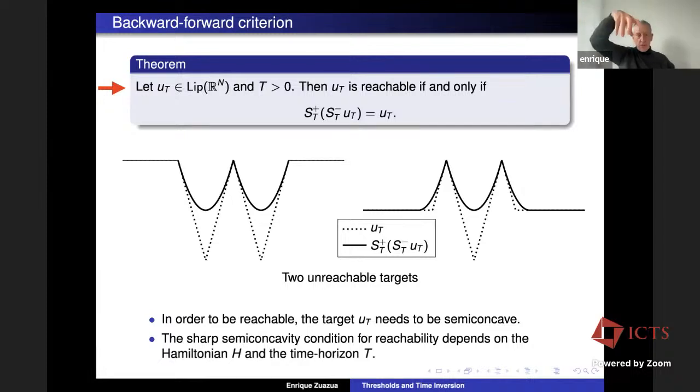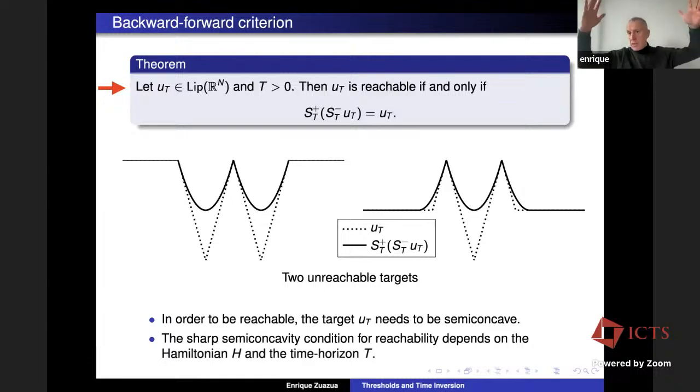Concatenating the backward viscosity semigroup with the forward viscosity semigroup, starting from this final configuration, when you move backwards and then forward again, if you get to the same location, then this means that this point is reachable. Whenever this point is not reachable, of course, you will not get to the same point, right? And this gap, the gap of what you get after this ping-pong strategy, backward-forward, will be a measure of how far you are from the set of reachable targets.